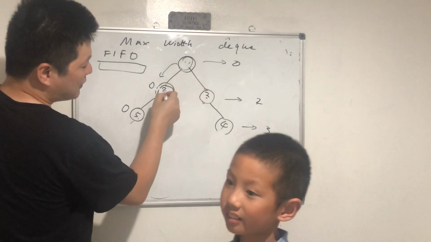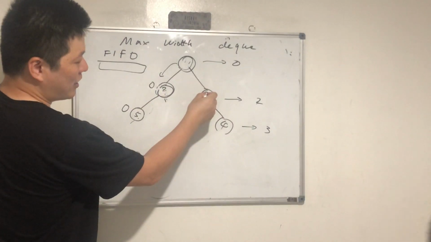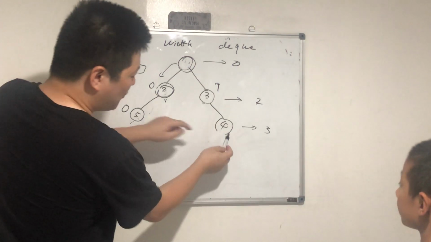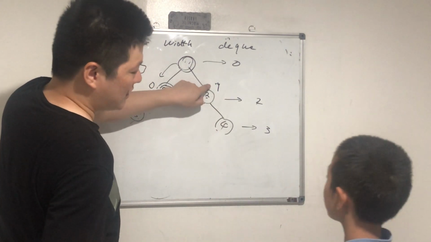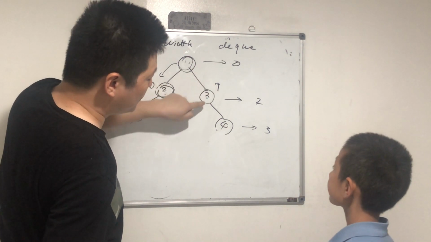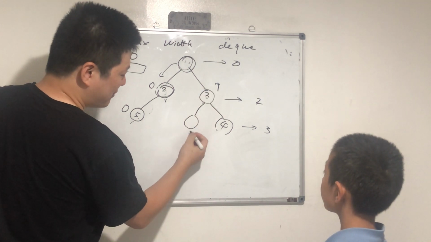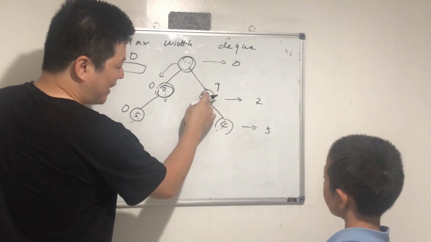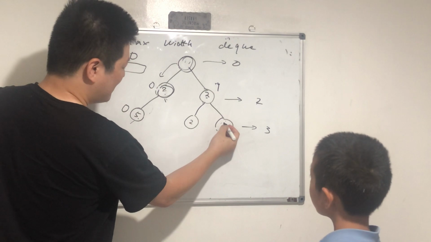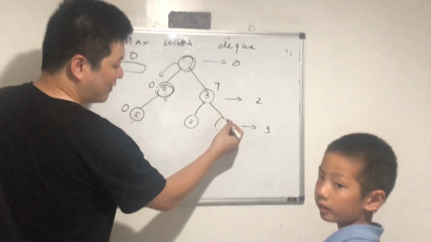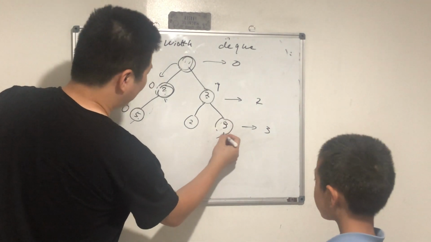Times 2 plus 1, this is 1. What's the value of this? If I times 2, here will be 2. And then here, times 2 plus 1 is 3. So I know this is 3.